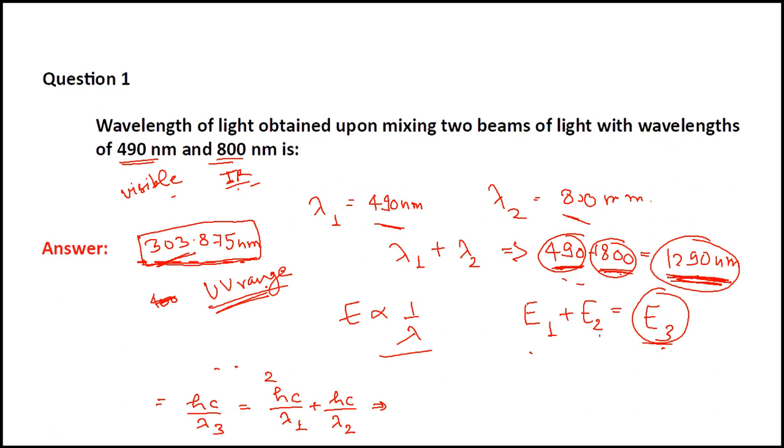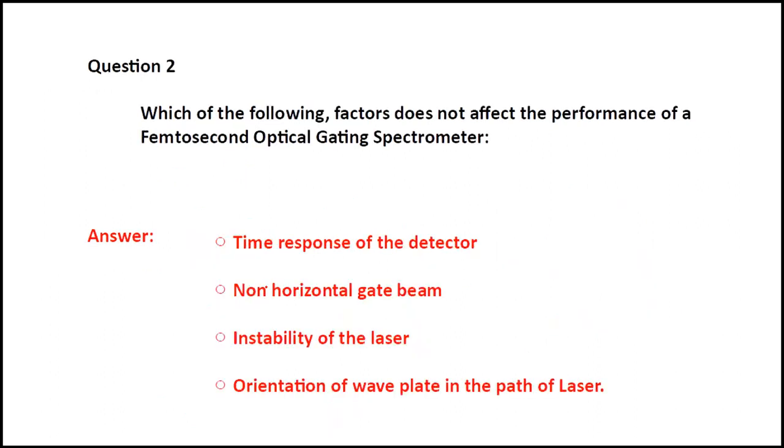Now with this, we'll go to the second question. If we have more time, we'll solve these questions again, because numericals are the questions we need to practice. The second question is: which of the following factors does not affect the performance of a femtosecond optical gating spectrometer?